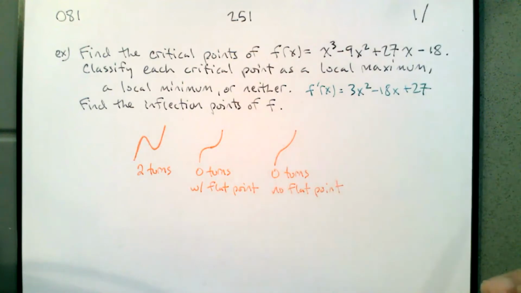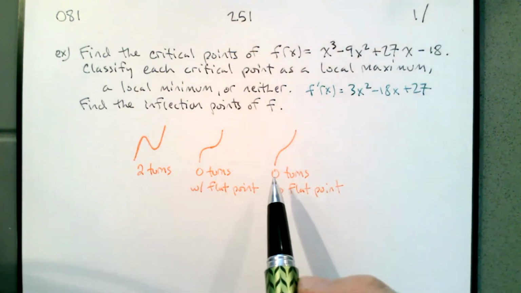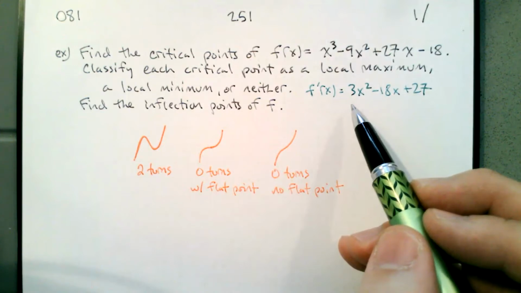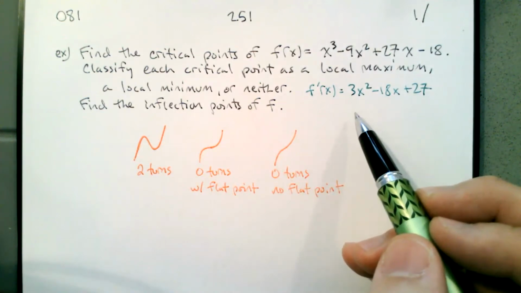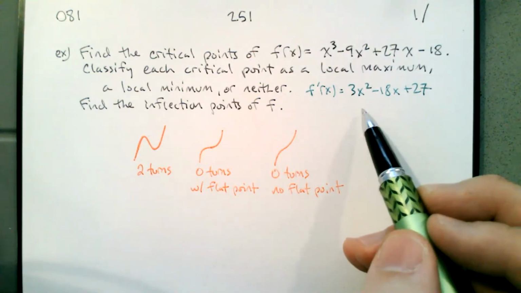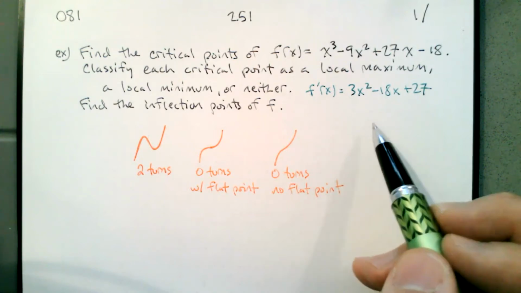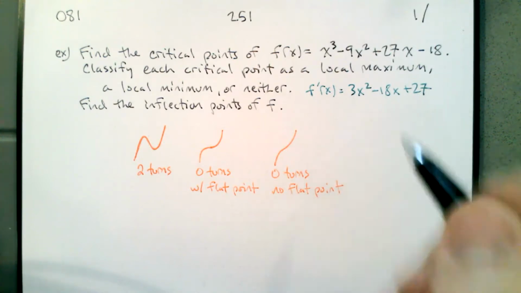F prime is quadratic, and that's going to tell us the number of turns. And that makes sense. A quadratic can either have 2 distinct real zeros, 1 repeated real zero, or no real zeros, 2 complex zeros.